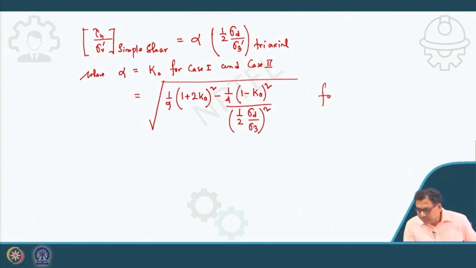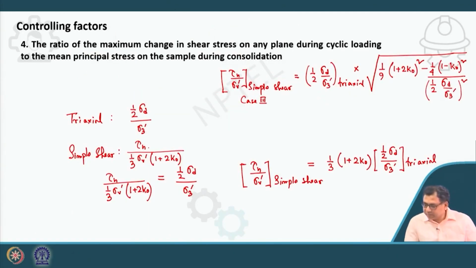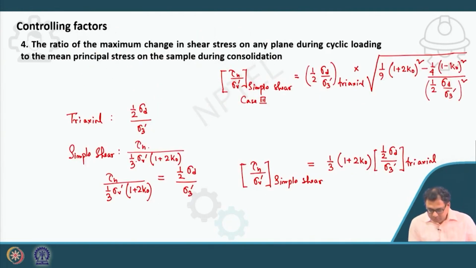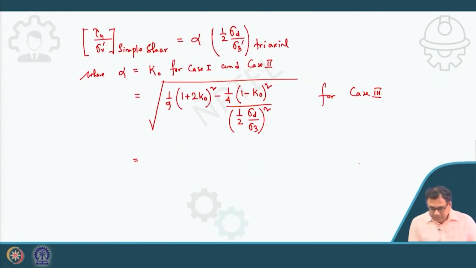That is for case 3. Okay. Now for case 4, it is simple: 1 third (1 plus 2 k0). This is for case 4.